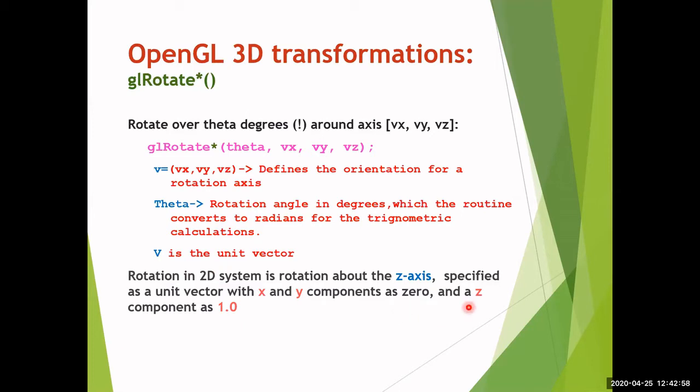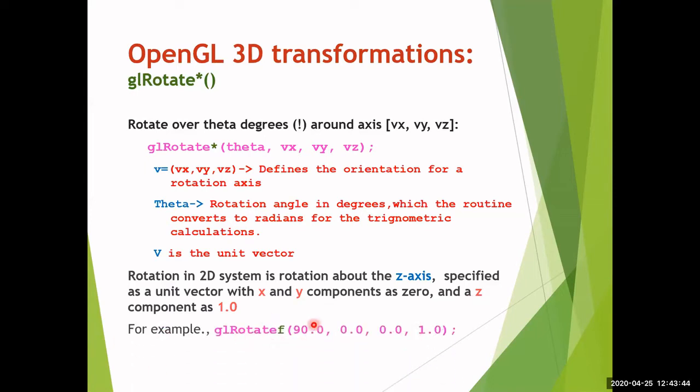So in 2D, I will use 1 for the Z-axis, because you have already seen that the 2D rotation matrix is equal to the Z-axis rotation in 3D. That's why whenever we are using 2D, we see to it that it is rotating with respect to the Z-axis.